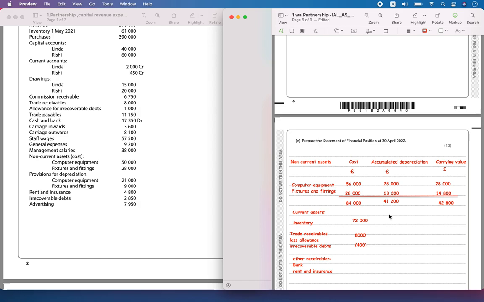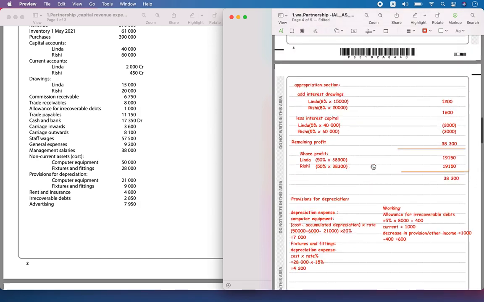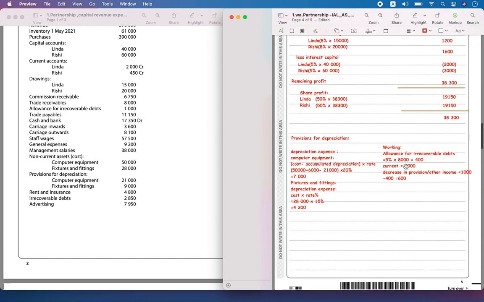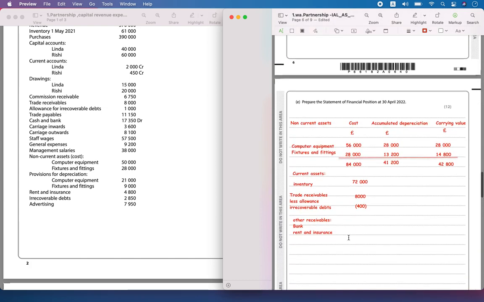This allowance for irrecoverable debt we had already calculated for this year. We subtract it from the trade receivables, and the irrecoverable debt mentioned as the closing balance is already accounted in the trade receivables account, so you should not subtract it.